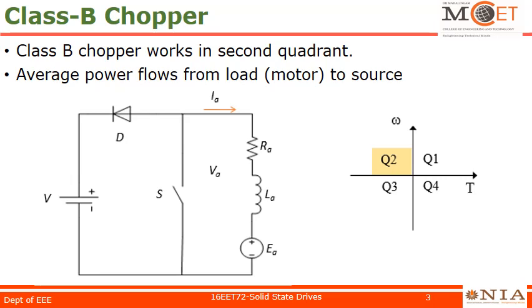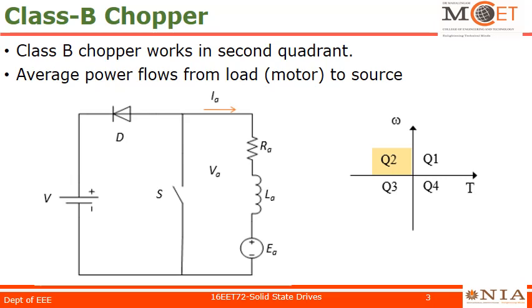In this one you have a switch in parallel to the load and a diode in series with the load and source, but in reverse direction. Using these two we can build the class C chopper.